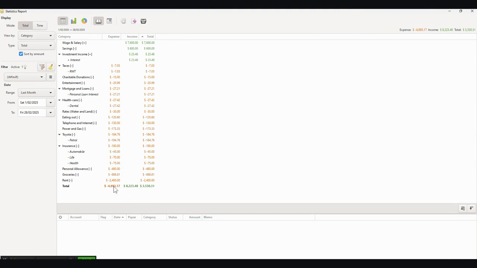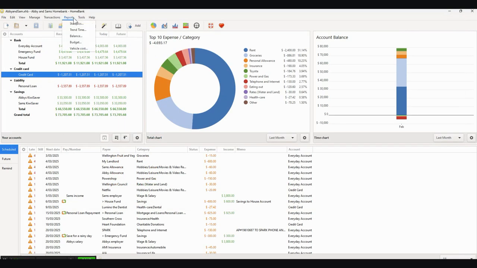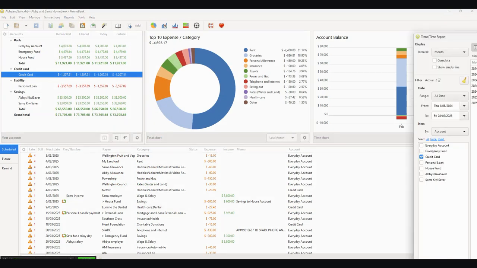Abby and Sam have received $8,223 into their bank accounts from wages and some interest, and they've spent $4,693. So technically, their bank accounts overall should have gone up by $3,530.31.